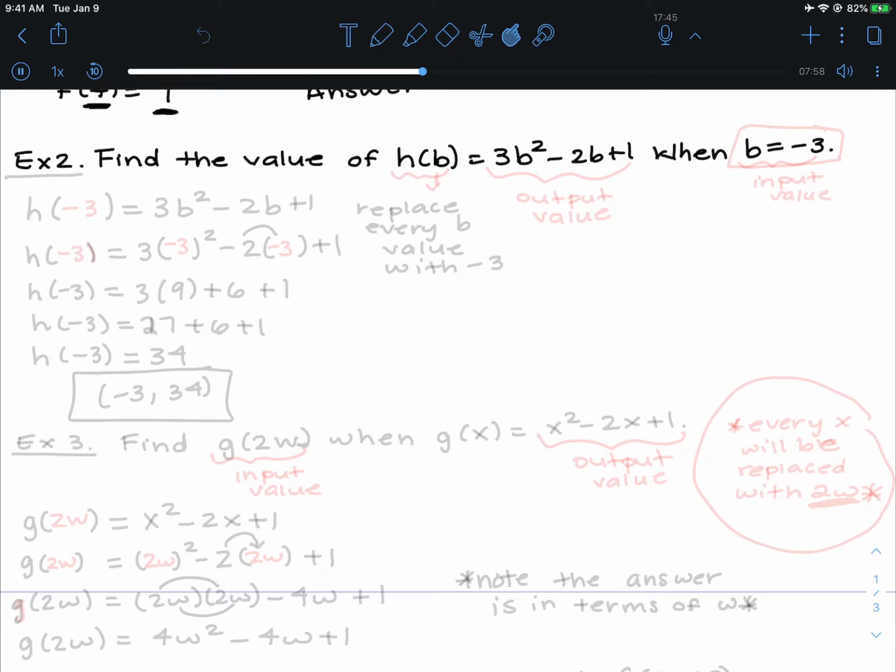Now, do you have to use f and x and y all the time? No, you can switch it up and use different variables. For example, h of b. So that means that h used to be f and b used to be x. So once again, right here, this right here will be your input value, or this right here, which is the b. And then this whole situation right here will be your output value.